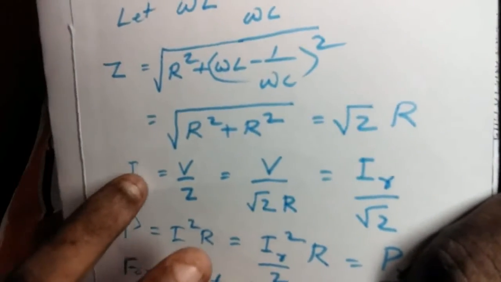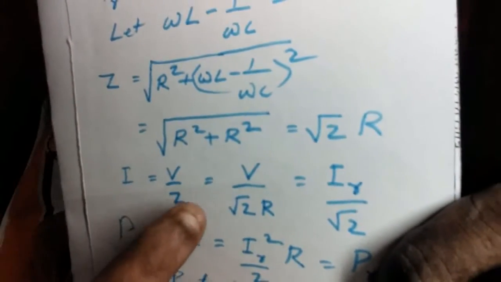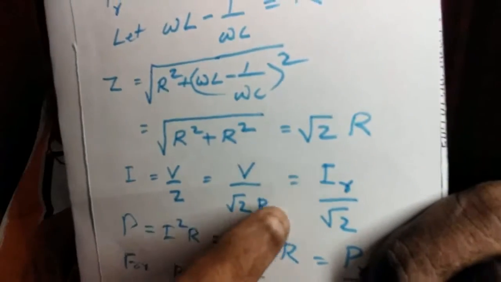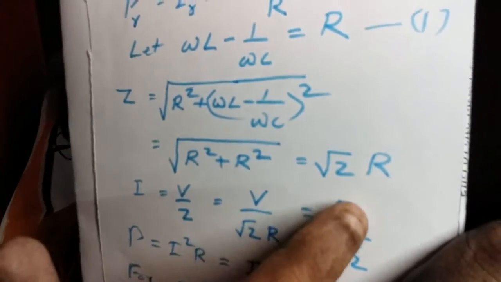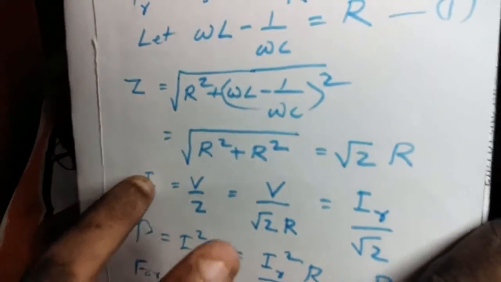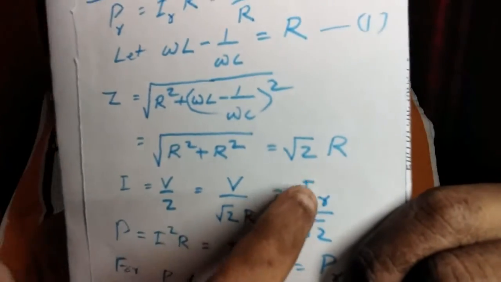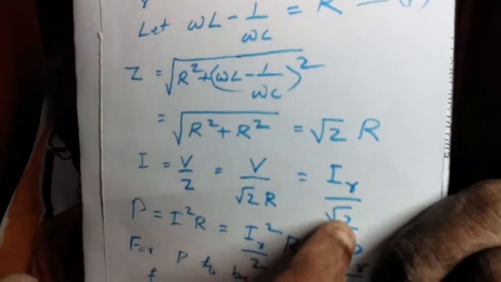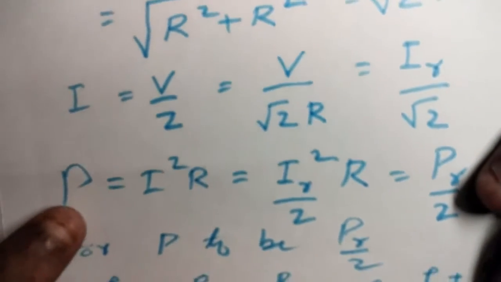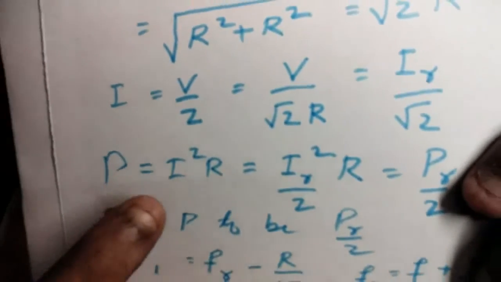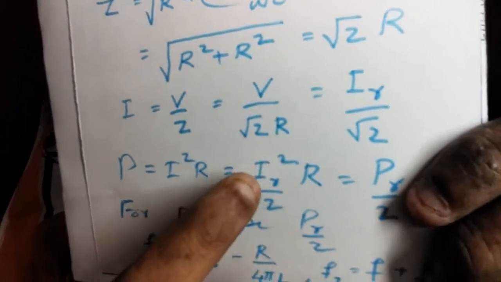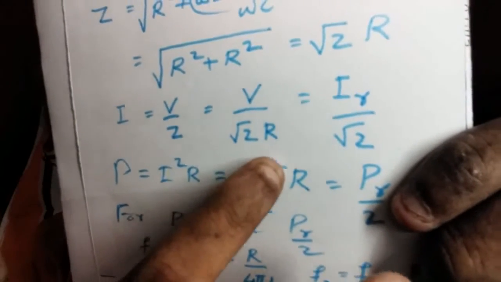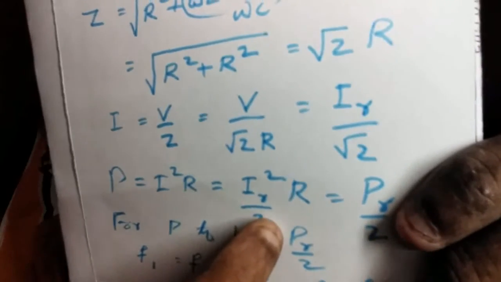Now the current in the circuit is V by Z, that is V by root 2 R. V by R is the current at resonance IR. So now the current is I equals IR by root 2. So power consumed under this condition, P equals I square R. That is, I square is IR by root 2 whole square, or IR square R by 2.